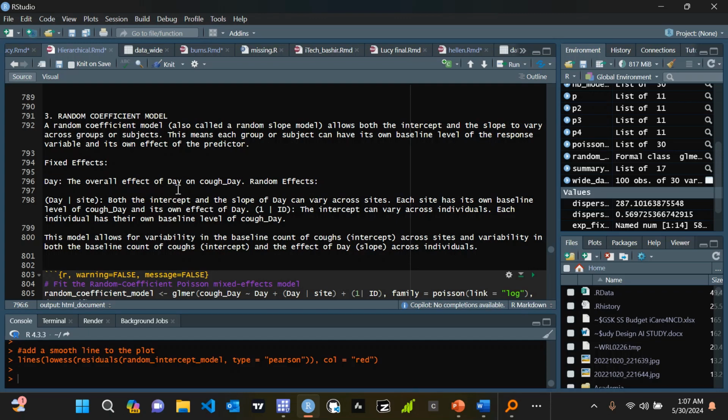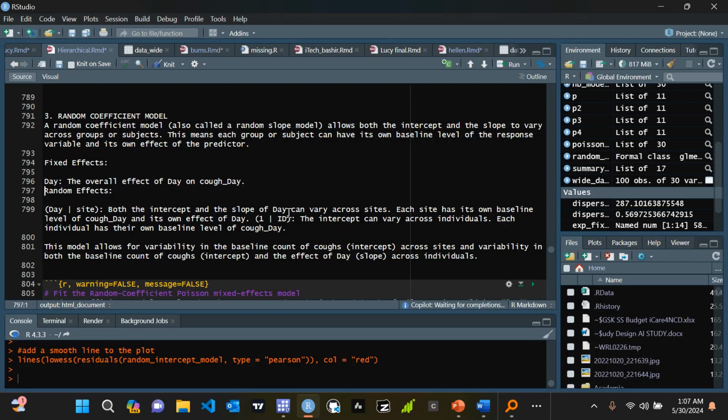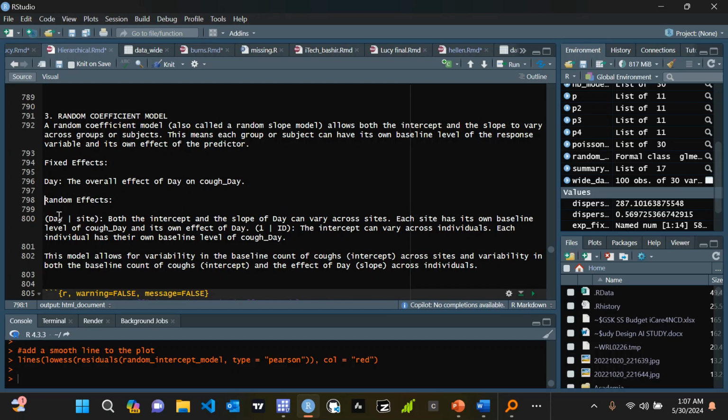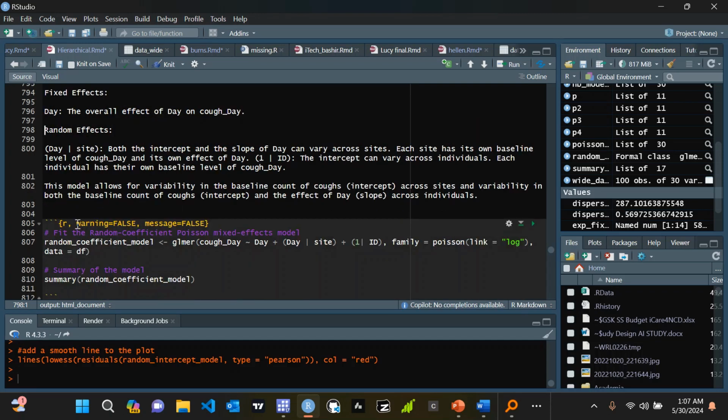The fixed effect is the day, which means the overall effect of day on cough is fixed, which is not correct. So the random effect is the day and the time, and the site, but not the individuals.